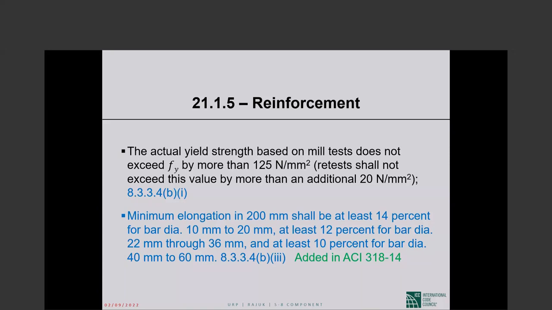So this is when the yield strength of your reinforcement is significantly higher than what you specified. The flexural strength of the member reinforced with that steel will be higher than you figured.